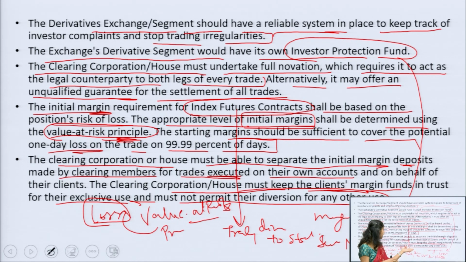And one more guideline says that the deposit fund should not be diverted for another use. ऐसा होता है कि you can use that particular money for another use, but it must not be permitted according to the SEBI guidelines, so that you will be able to bear that particular loss.